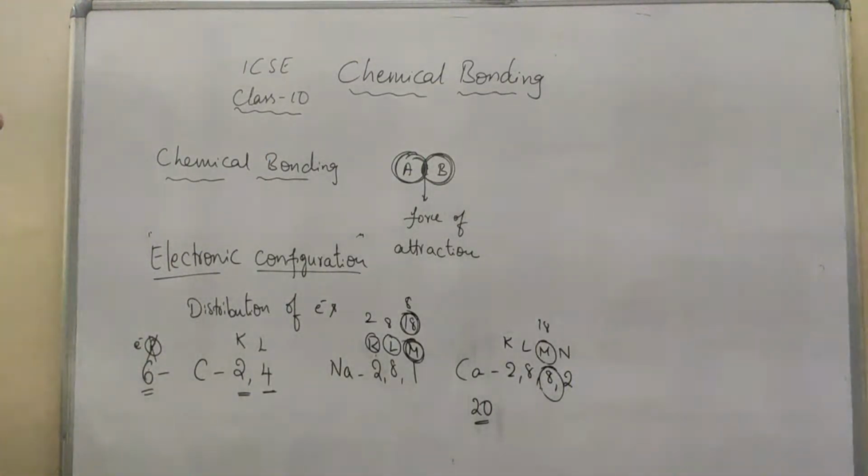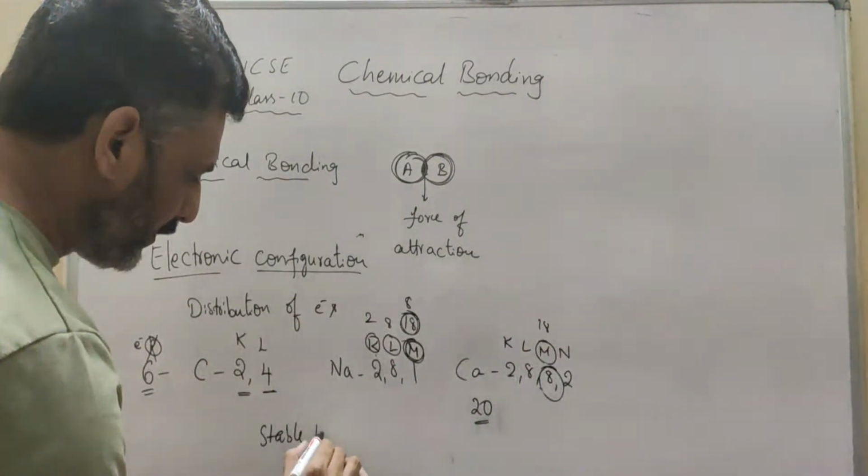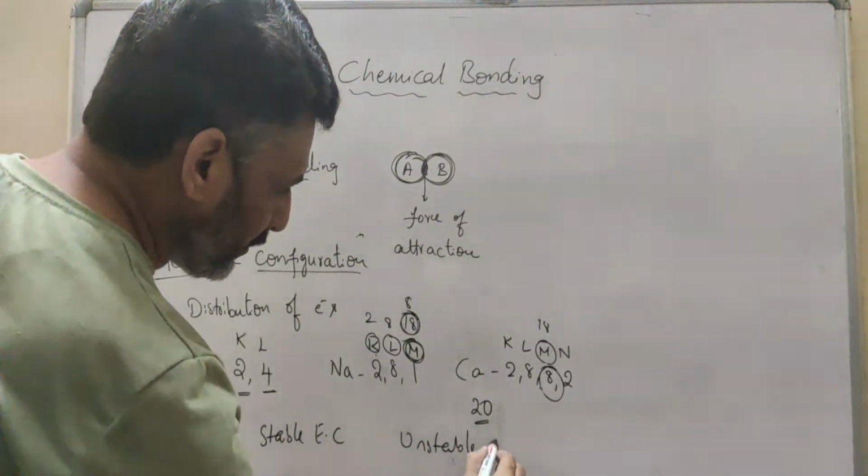Now we have 2 types of electronic configuration, that is stable electronic configuration and unstable electronic configuration.